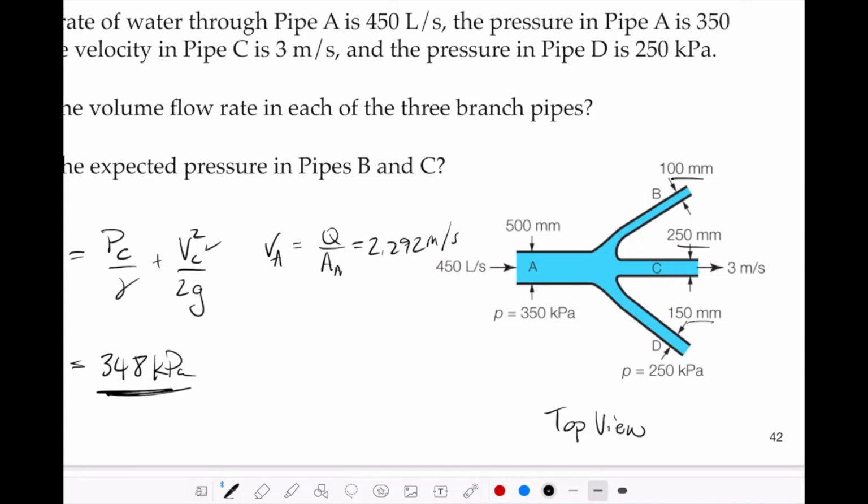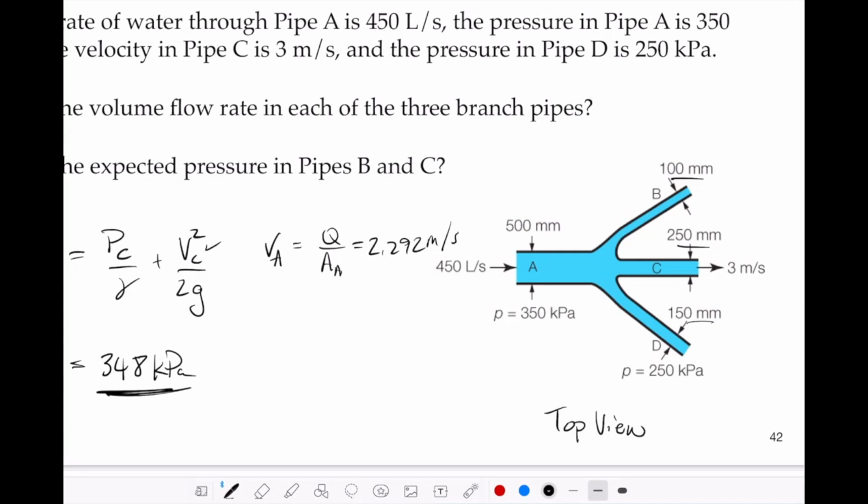We knew the velocity in C, so we solved for the pressure. We knew the pressure at D, so we solved for the velocity. Once we know the velocity of both sections C and D, we can use the continuity equation to figure out the flow rate in B. Once we know the flow rate in B, then we have two equations: the continuity equation for the flow rate in B in terms of the flow rate at A, and Bernoulli's equation. So we can solve for the two unknowns at section B, which are the pressure and the velocity.